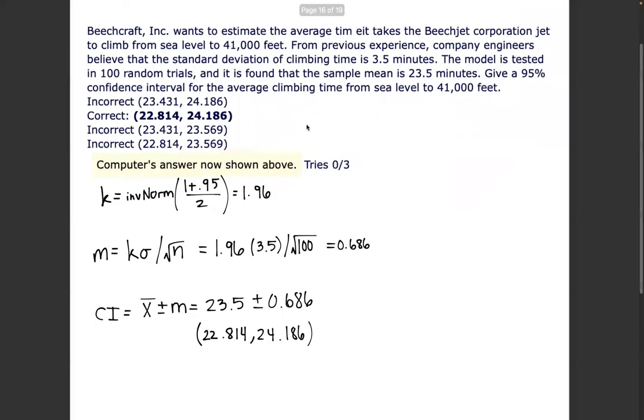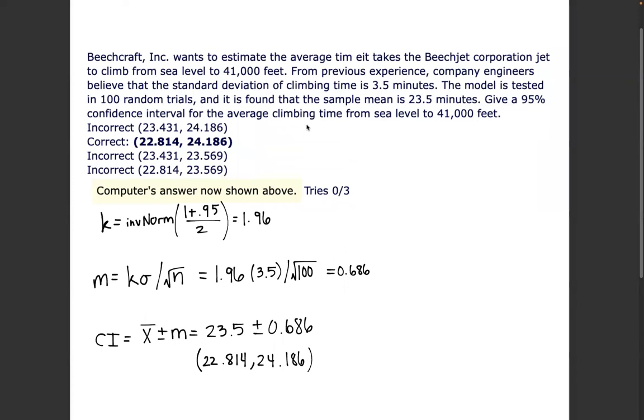All right, I believe this question was in a previous recitation, but we will still go over it. There may be some slight differences though. So Beechcraft Incorporated wants to estimate the average time it takes the Beechjet jet to climb from sea level to 41,000 feet.